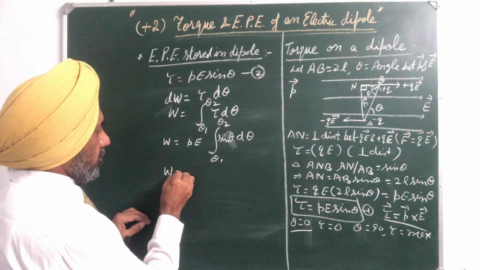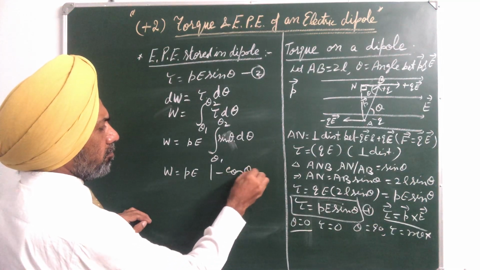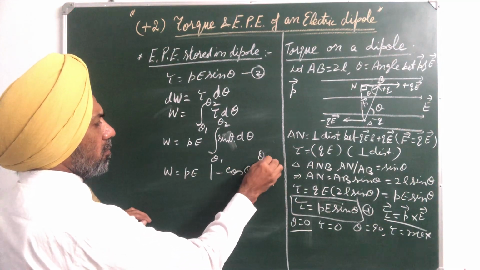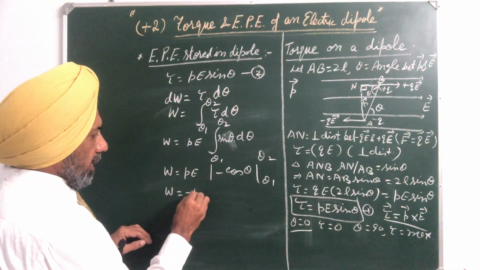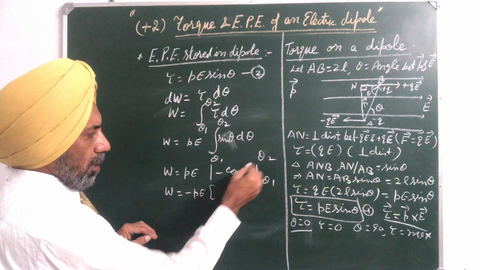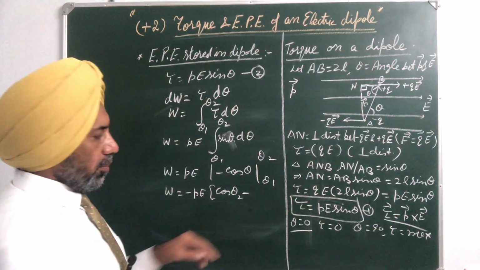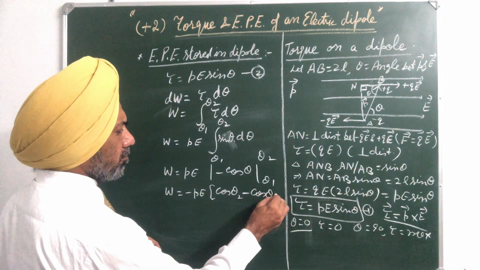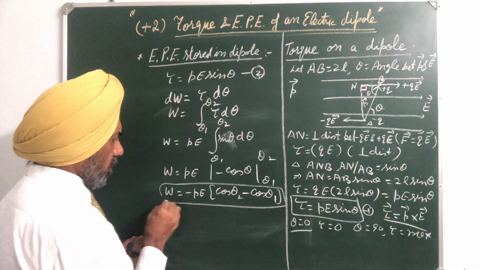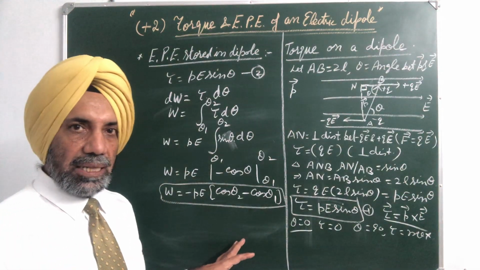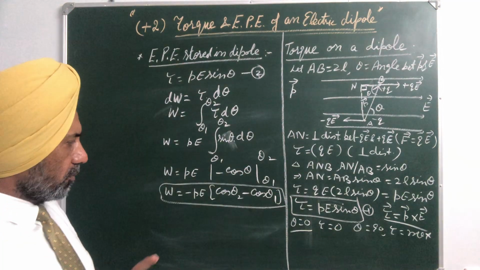Now what is the integral of sin theta? It is minus cos theta. So W is equal to minus PE, upper limit cos theta 2 minus lower limit cos theta 1. So this gives the amount of work done in rotating the dipole from angle theta 1 to theta 2.